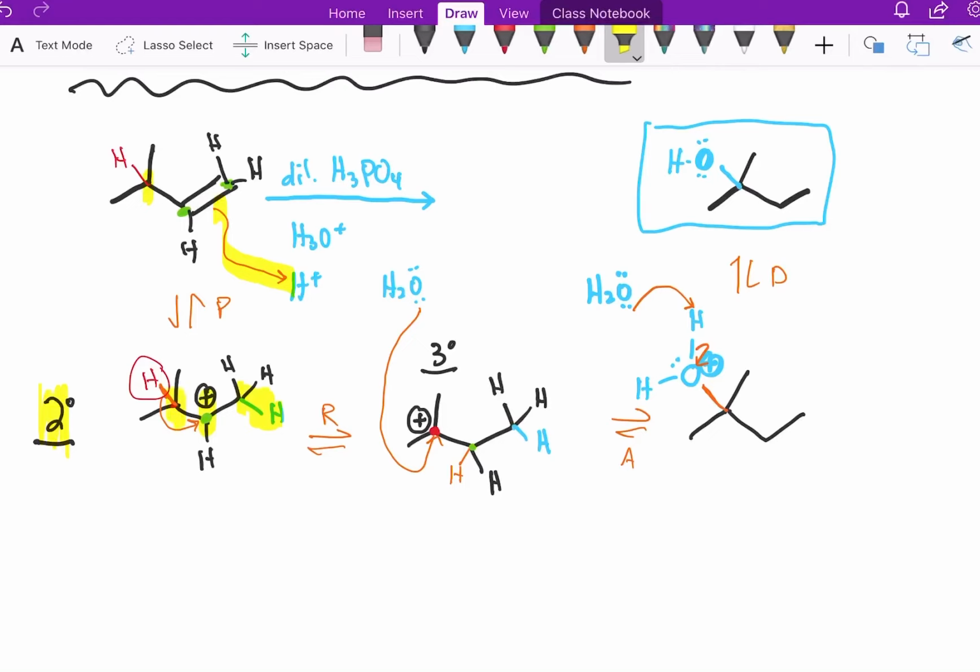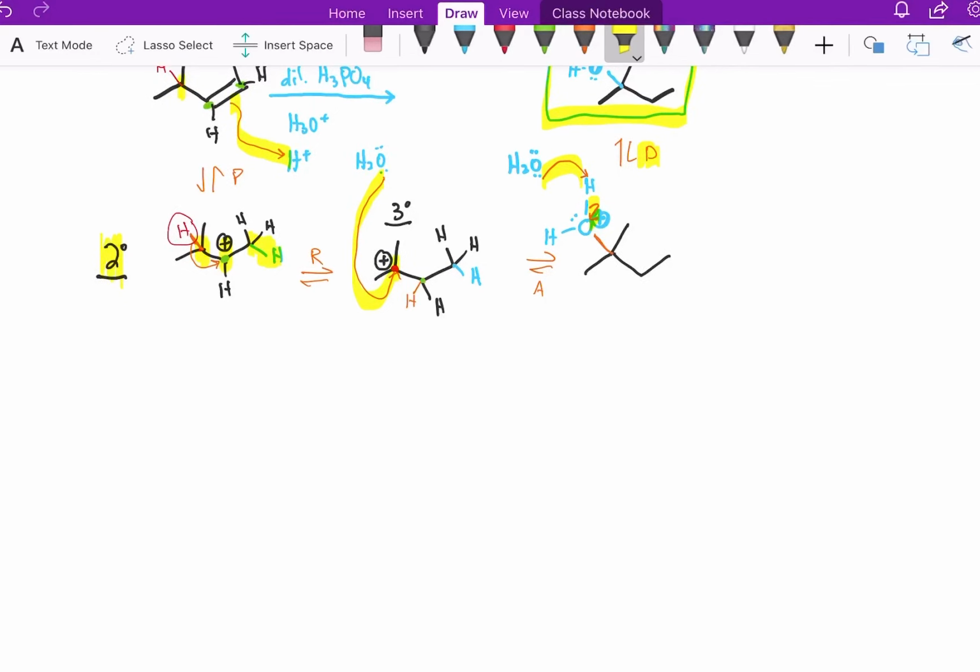We can now shift over a hydrogen to form a tertiary carbocation. This is now the most stable carbocation we can form. So our water molecule can now attack, and then we can deprotonate using these arrows to get our final product. And this is a rearrangement that we can form. All right?